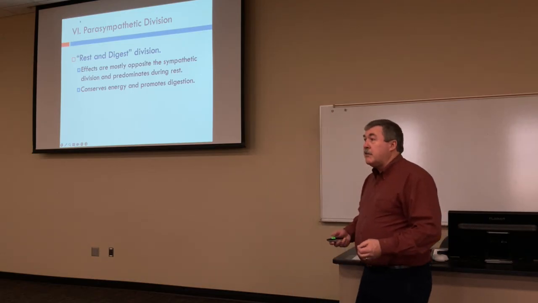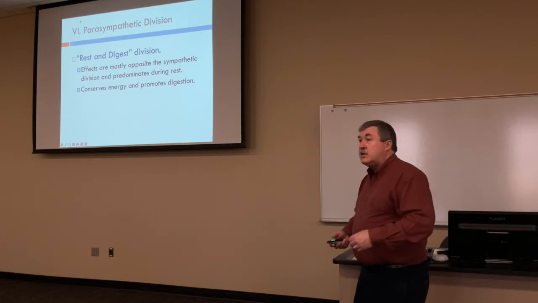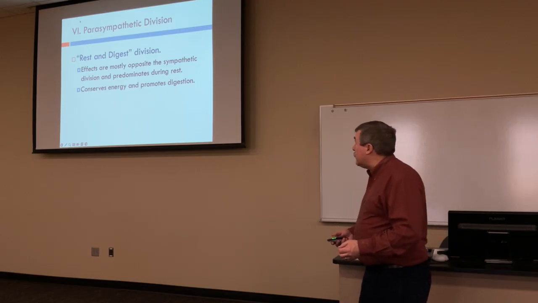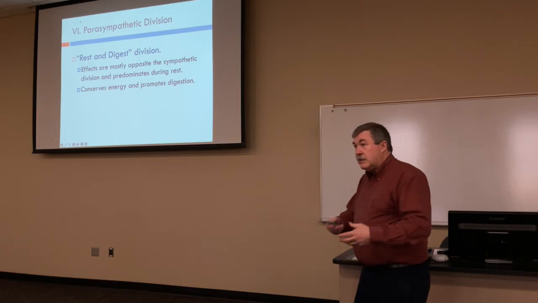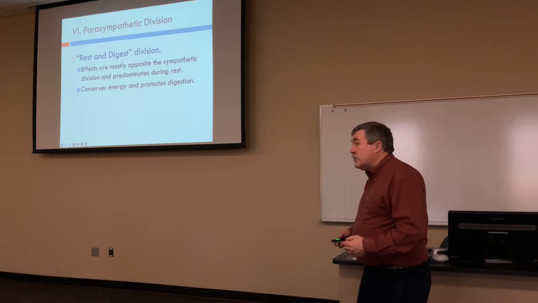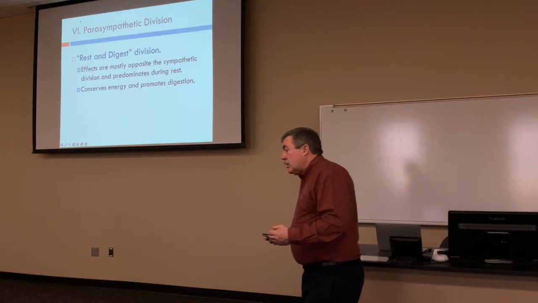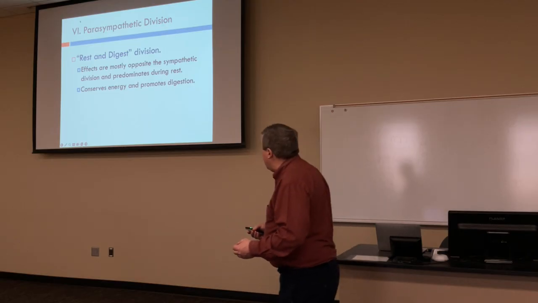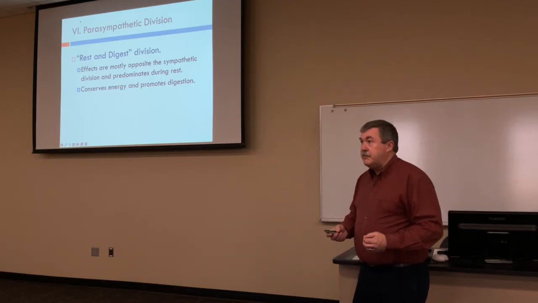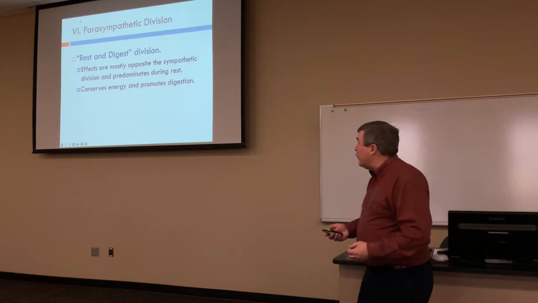The effects of the parasympathetic division are just the opposite of the sympathetic division. It's most active during rest, so the parasympathetic division conserves energy, and it also promotes digestion, because it's easiest to digest your food during rest.